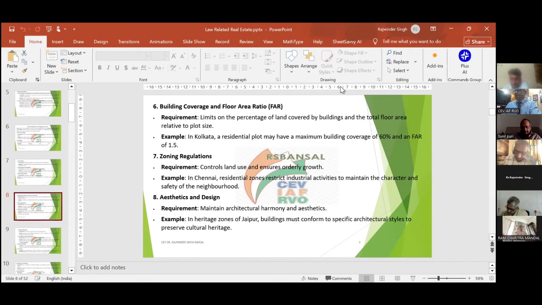So for example, if a plot has FAR 1.5 and the size of the plot is, let us suppose, 1000 square feet, then the maximum covered area of the building in this plot will be 1500 square feet, meaning 1.5 times the size of the plot. And if plot coverage is 60%, it means at ground floor, maximum coverage can be 600 square feet.